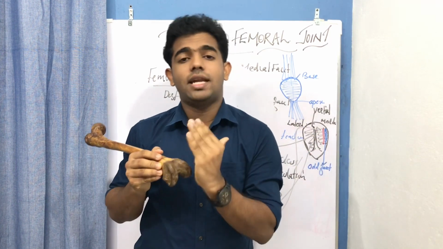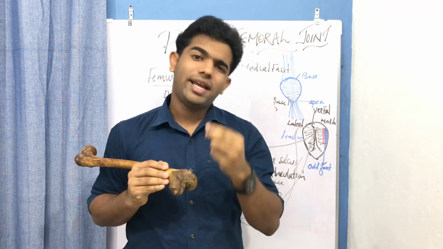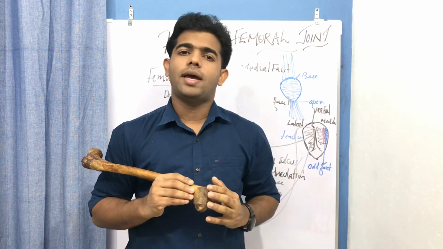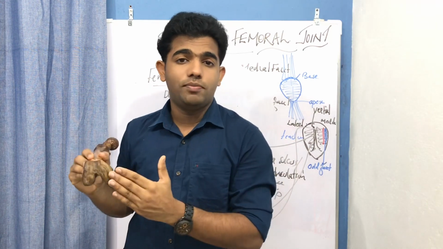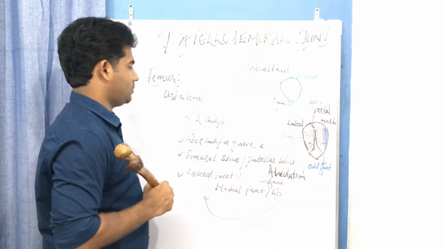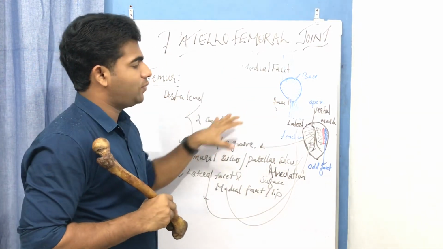To provide lateral stability of the patella, it has a great role along with other structures like the lateral retinaculum and lateral patellofemoral ligament, which we will discuss later. And these are the peculiarities of the patella and the femur.